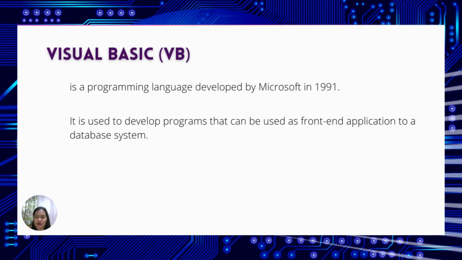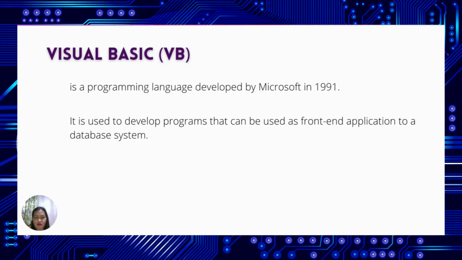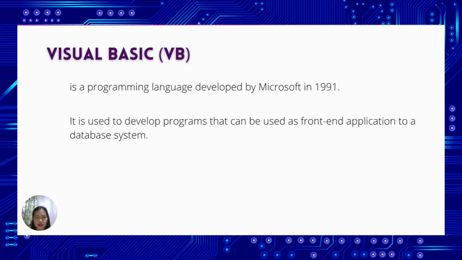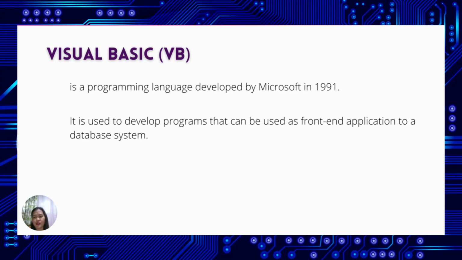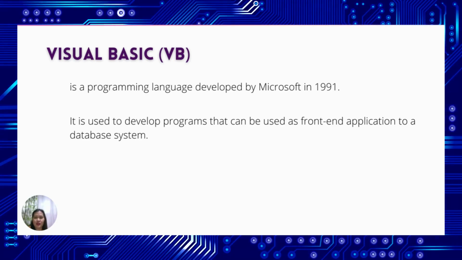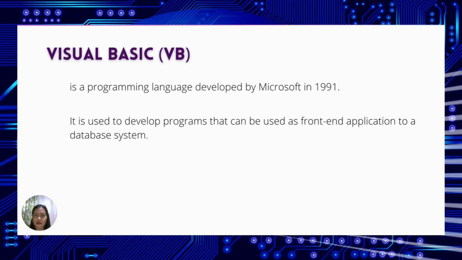While the backend is the part of the application that is hidden from the user. Here, the database system or software systems are used to store, retrieve, and run queries on data.